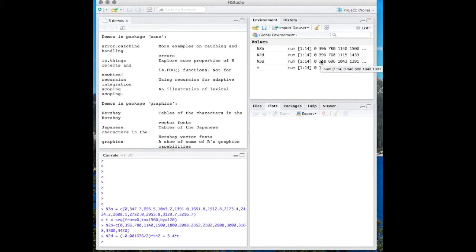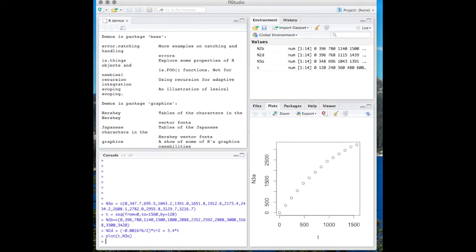Okay, and now I'm going to plot t and N3A. So this is the data points that we were given via the volume for part A. And when I hit enter, I get this nice smooth curve. Okay, and now I want to see which lines fit better between the estimation from 2B or our integral we calculated in 2D.